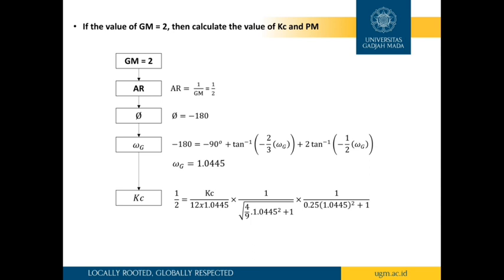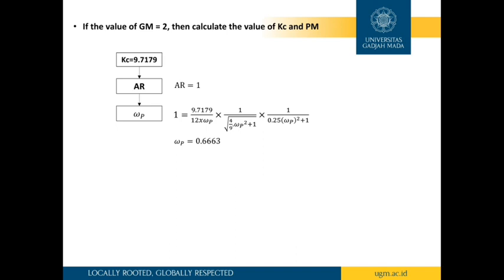And the Kc is still Kc because in the previous question we put Kc equal to 1. So in here, we should find the Kc first. So we get the number of Kc equal to 9.7. And next, after we get the value of Kc, we should find the value of Pm.